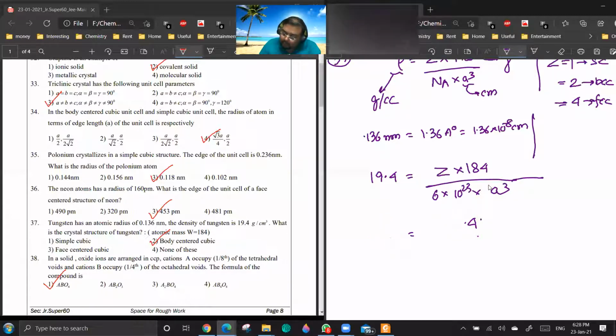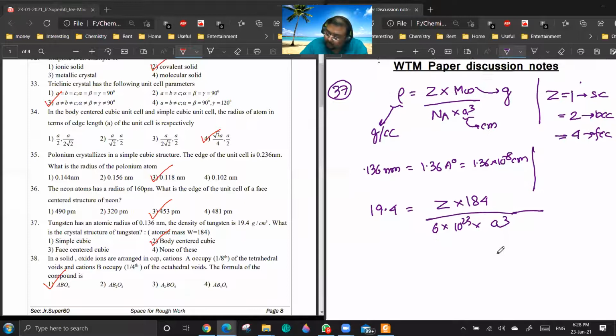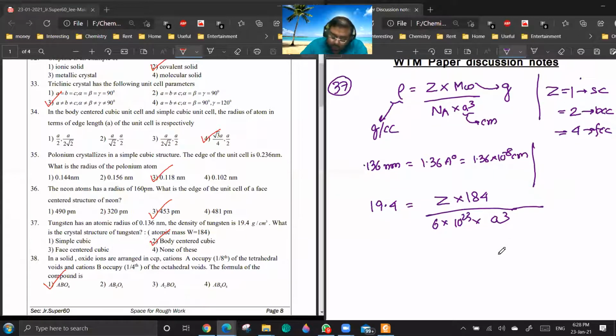Now, it is given what type of crystal structure it will be in, so we'll be having a relation depending on the value of Z and a. Without knowing the type of structure, how can we get a relation between radius and side? Yes, that is the thing.